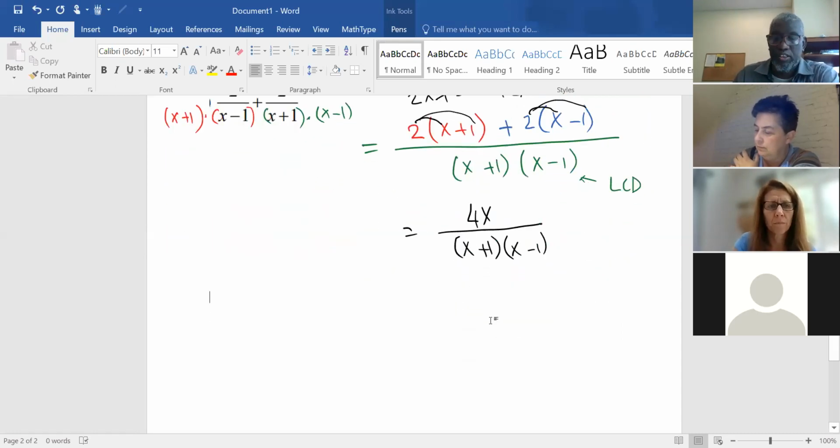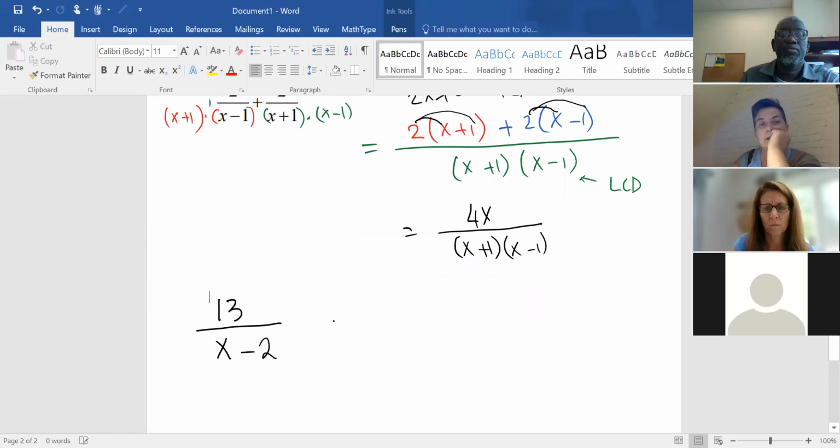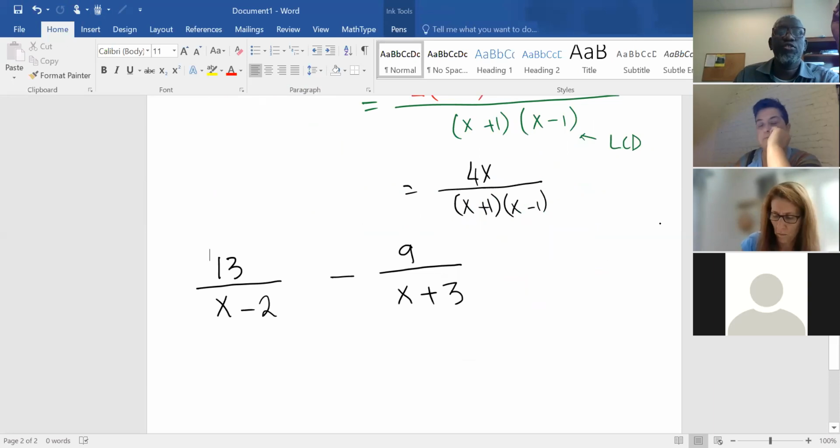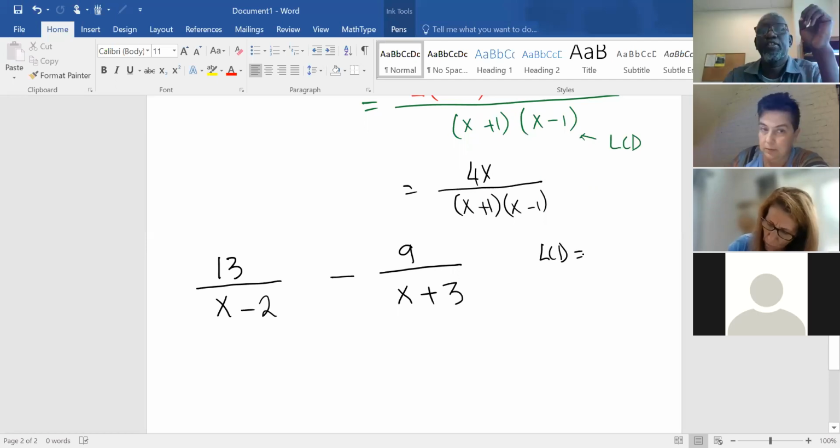So in the same token, if I ask you to do this one right here, all right, go ahead. Try to do this one. You have to find what is the LCD and then go from there.